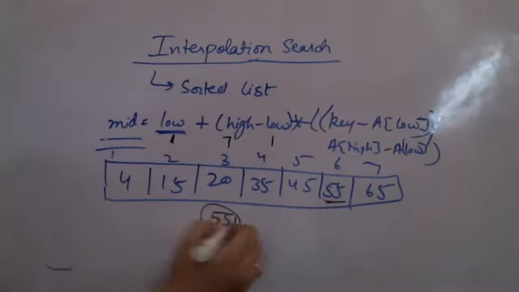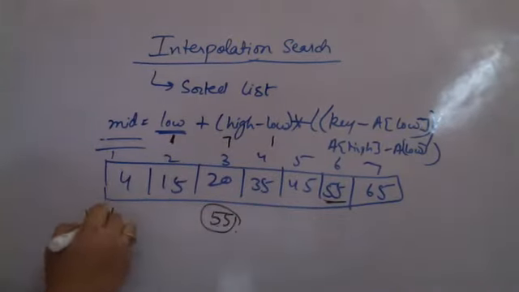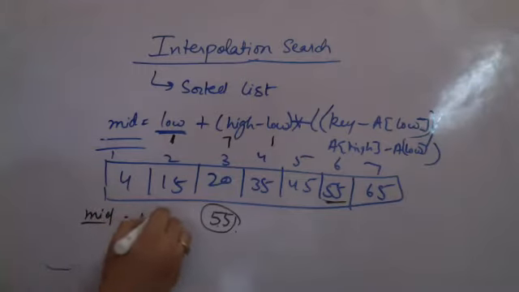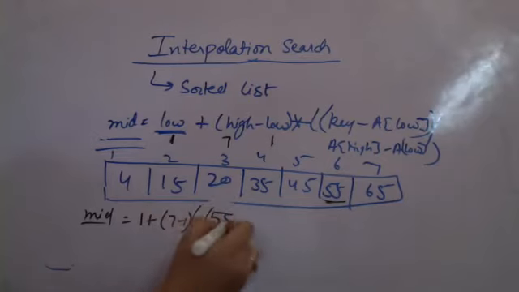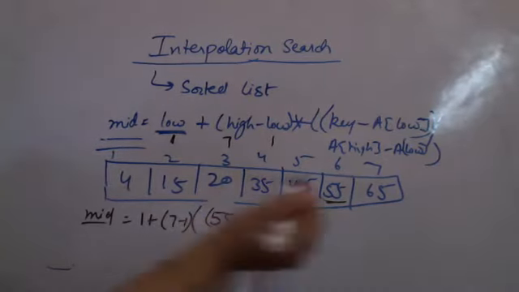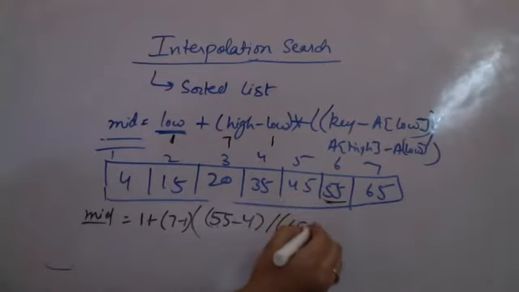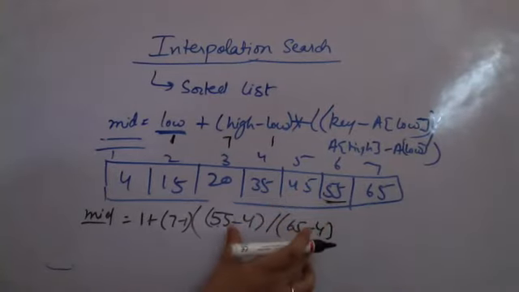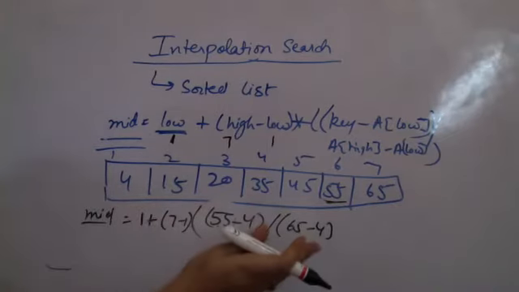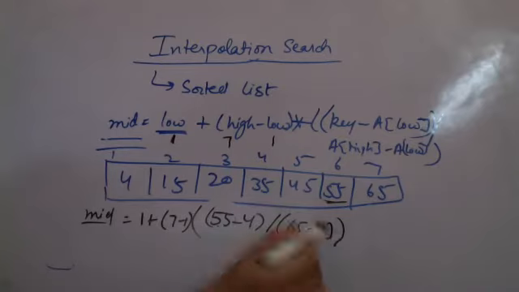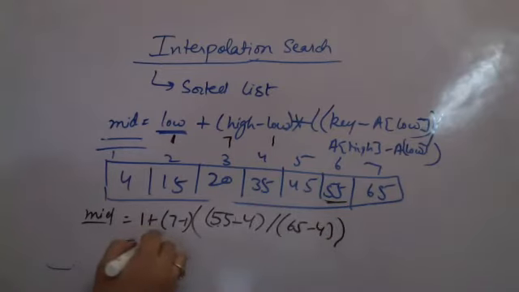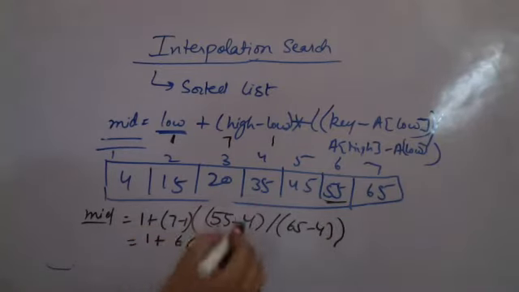So I am calculating mid as low, plus 7 minus 1 multiplied by 55 minus 4, which is the first element, divided by the last minus first element of the list, 65 minus 4. So I'm actually working out how many places I should go from where I have to search. If I calculate, this comes out to be 1 plus 6 multiplied by 51 divided by 61.